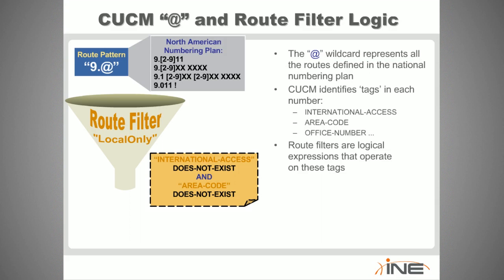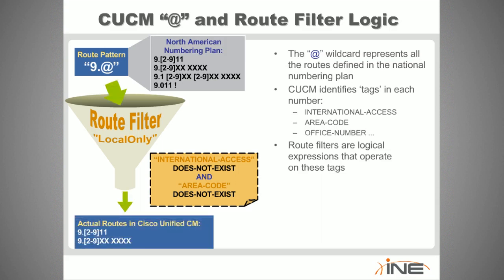So if I wanted to include, and this is going to be local only, so I'm going to, at the end, just get 9, 2 through 911, because that would be considered local, and 9, 2 through 9 XX, XXXX for a total of 7 digits plus the PSTN 9 access code there.